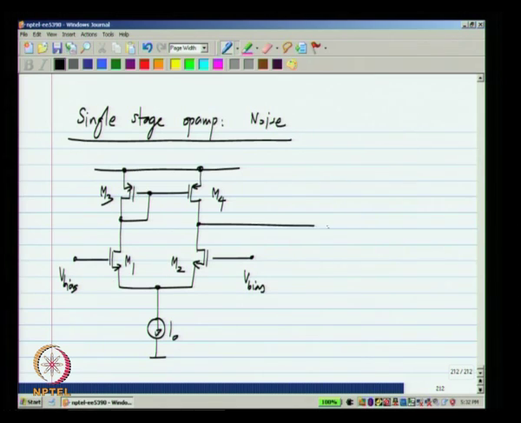As before, we will calculate the output current going into a terminating source V term. Okay. As with offset, we will calculate the output current and from that calculate the input referred noise, and we know that the equivalent input referred noise will be the output noise current divided by the GM. In earlier examples we were calculating the output noise voltage, but it is exactly the same here. We calculate the current instead and divide it by GM1 to get the input referred noise voltage.